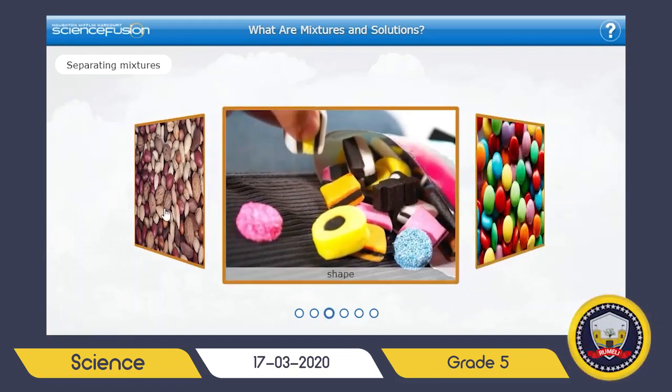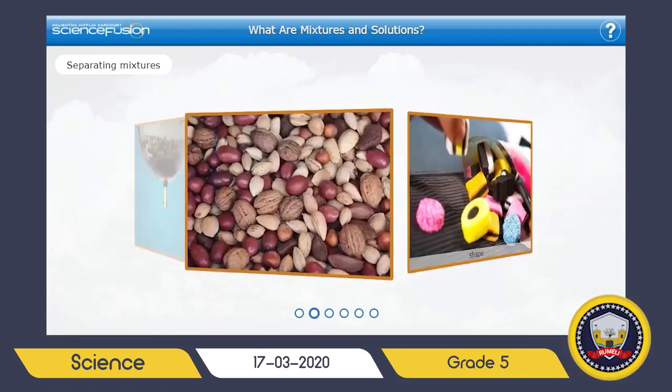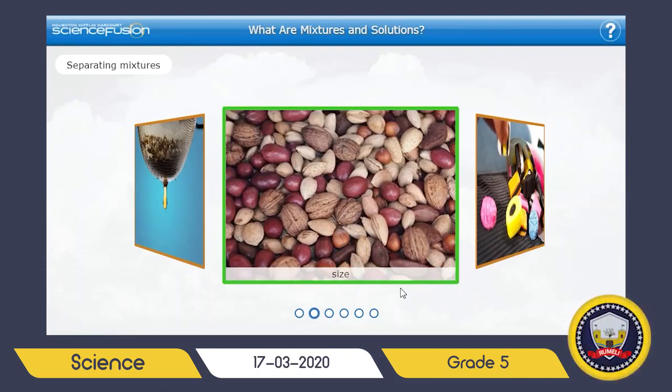What about size? If you have different solids with different sizes, again you can use a sieve or mesh with bigger pores to separate different sizes of solid. It may also help you to separate them manually with your hand.